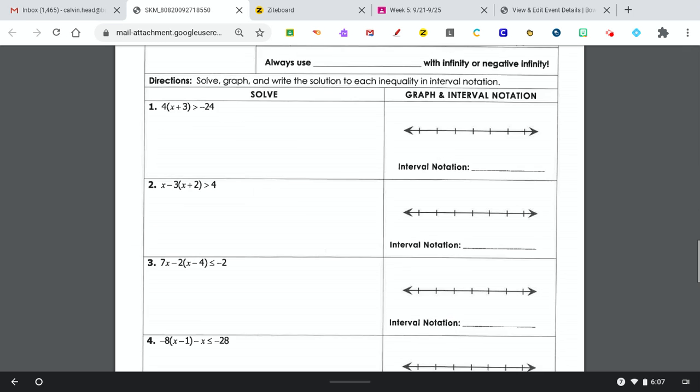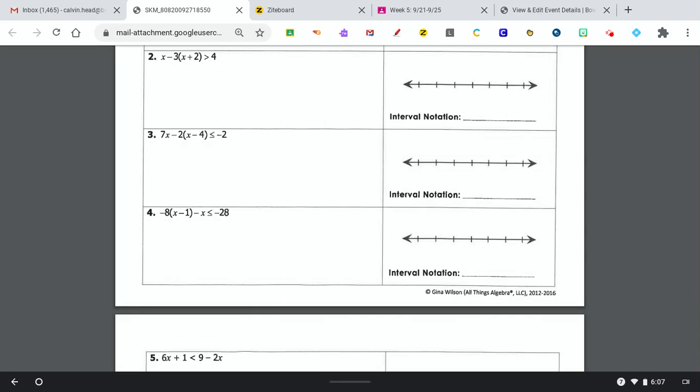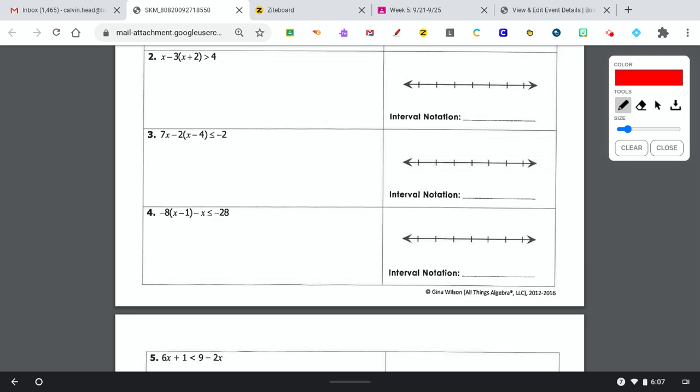Let's look at number 2. The answer for number 2 is x is less than -5. Remember, that means it's going to be an open circle.